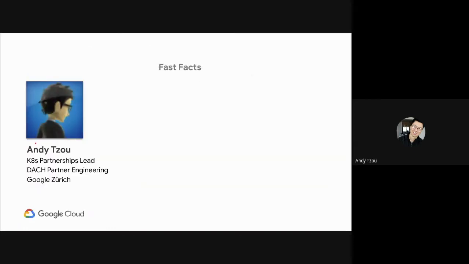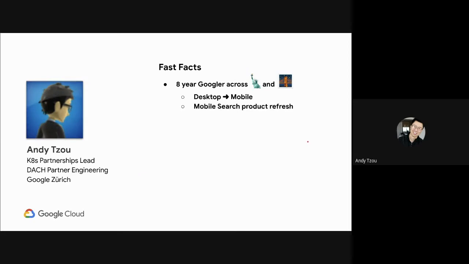So that's what I do, just really quick. Been 8 years at Google, spread across New York City and San Francisco. Last year, I moved to Switzerland. My partner, she took a job at Roche, and suddenly I found myself in Switzerland. It's amazing. But almost 9 years at Google, mostly in the US. Was very focused on this transition from desktop to mobile, working with our advertising partners.